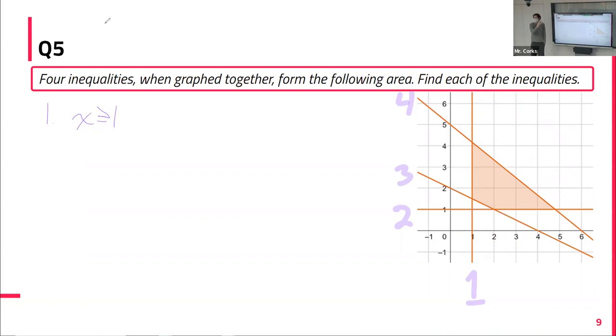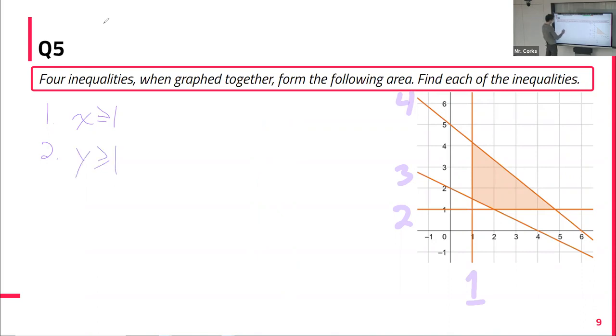Okay, so is the line itself included? So do we have a solid line or do we have a dashed line? These are all solid lines, so greater than or equal is the correct thing here. So we don't have to worry about that dash part. Okay, so the first one, x is greater than or equal to 1. That's solved. Number 2.